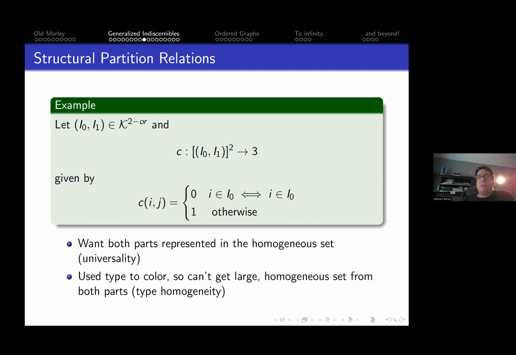So instead of talking about the cardinality of the element of K2 OR, we want to talk about how universal it is, which in this case says that you're kappa universal if and only if each of your parts are at least of size kappa. And so there you get a different notion of what it means to be big from the index class that you're looking at.